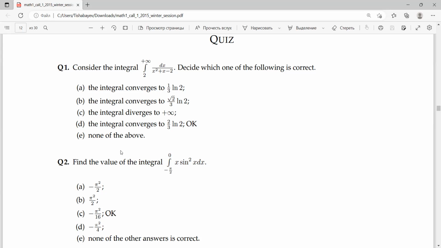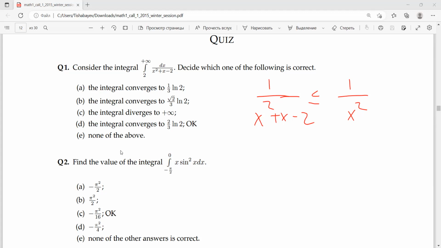Yeah, we can just estimate it. So 1 over x squared plus x minus 2 is less than or equal to 1 over x squared, yes? That's why this integral of 1 over x squared converges using the comparison theorem. The given one also converges.